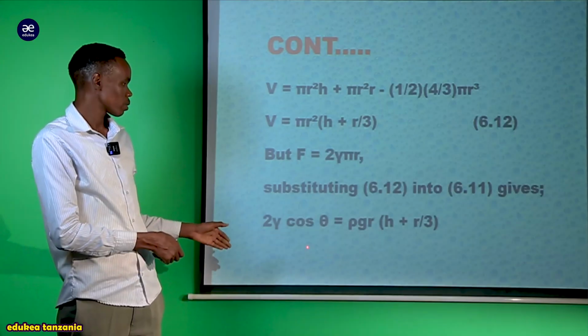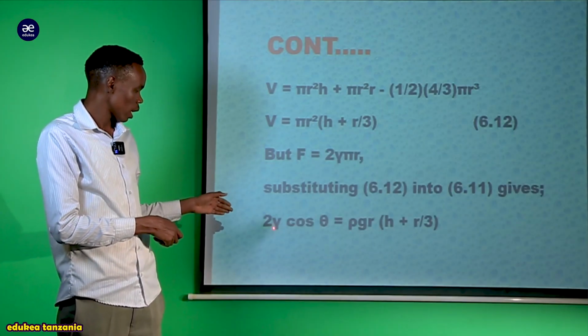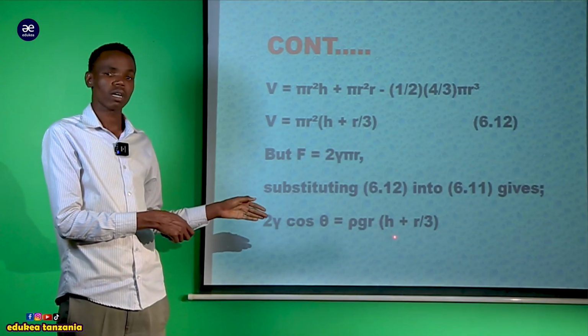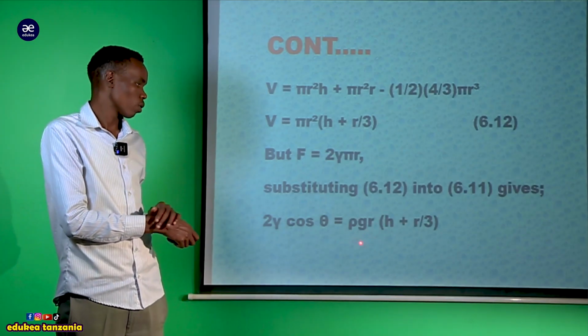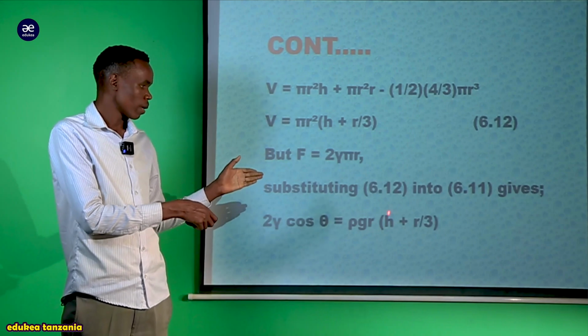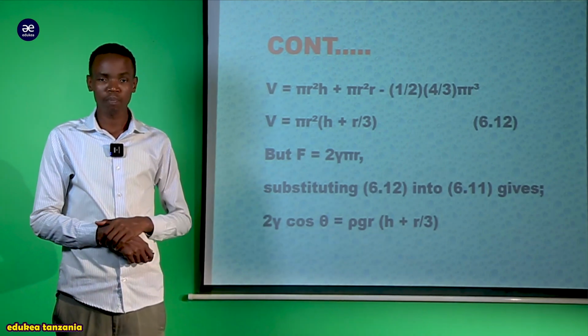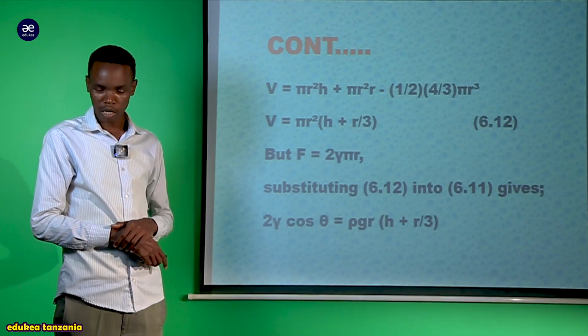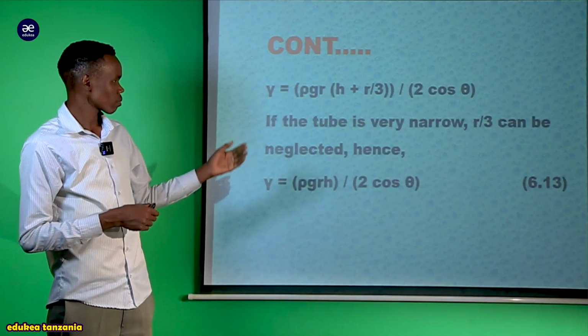When we substitute there, we find that 2 times the surface tension, times the cosine theta, is equal to the density times g, bracket h, plus 1/3 times the radius here.